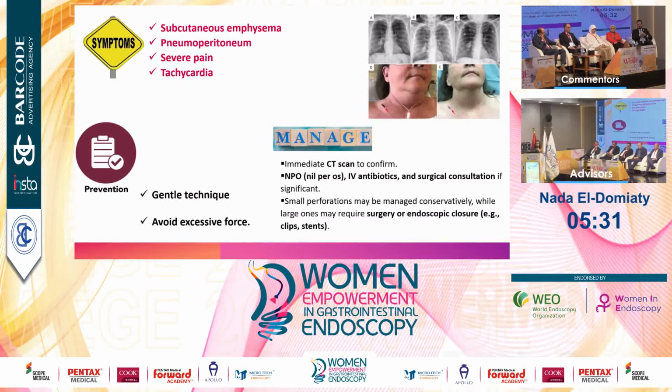If it happens, get an immediate CT scan to confirm, nothing per oral, IV antibiotics, and surgical consultation if significant perforation has happened. Small perforations may be managed conservatively, while large ones might require surgery or endoscopic closure.